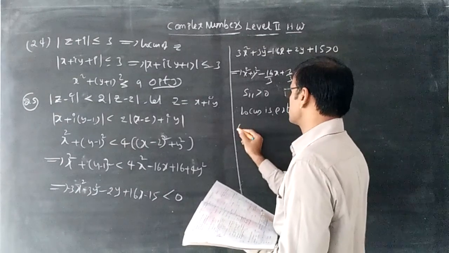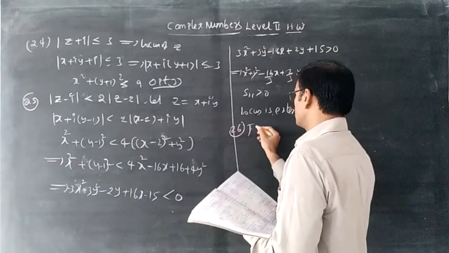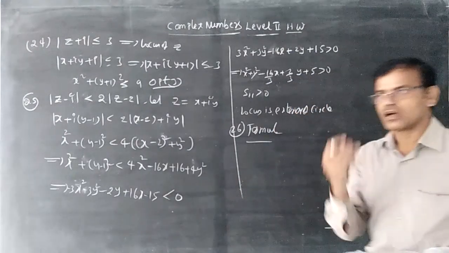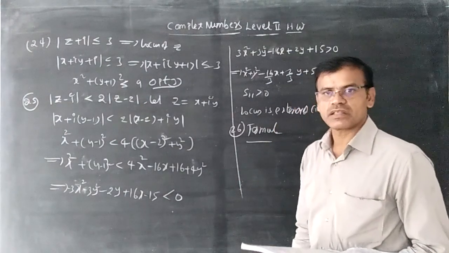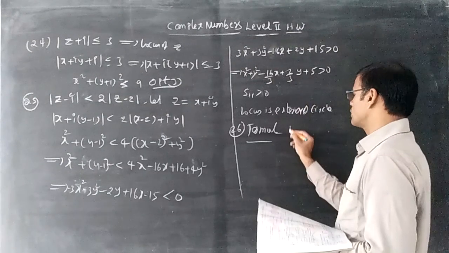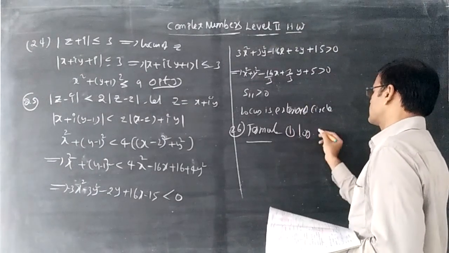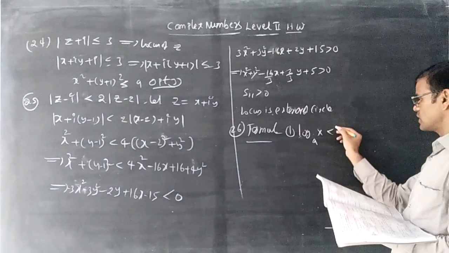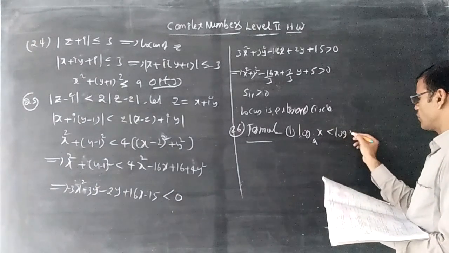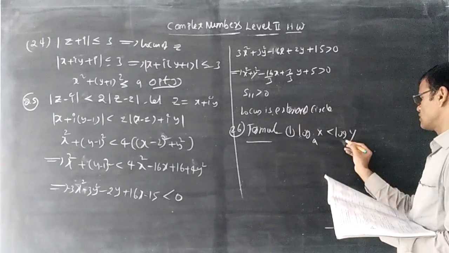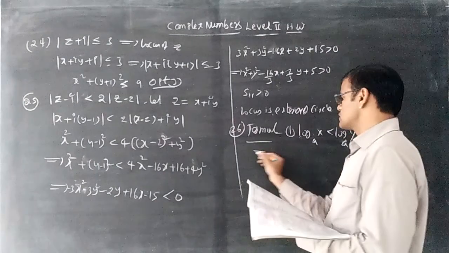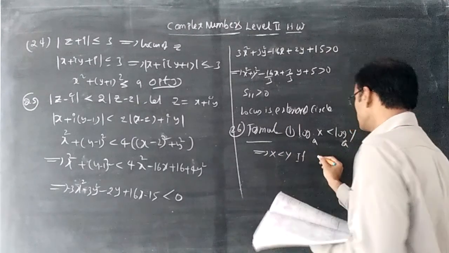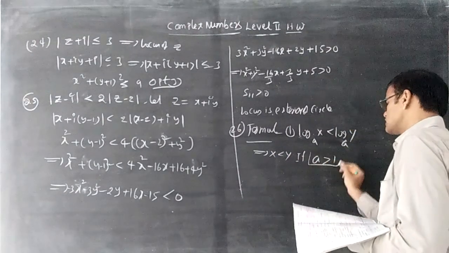Now, 26th question. Before going to discuss the 26th question, we should write a formula. I think in first year we have already learned the formula. Log, first one, log x to the base a. If log x to the base a is less than log y to the same base a, that implies x is less than y, if a is greater than 1, if the base is greater than 1.